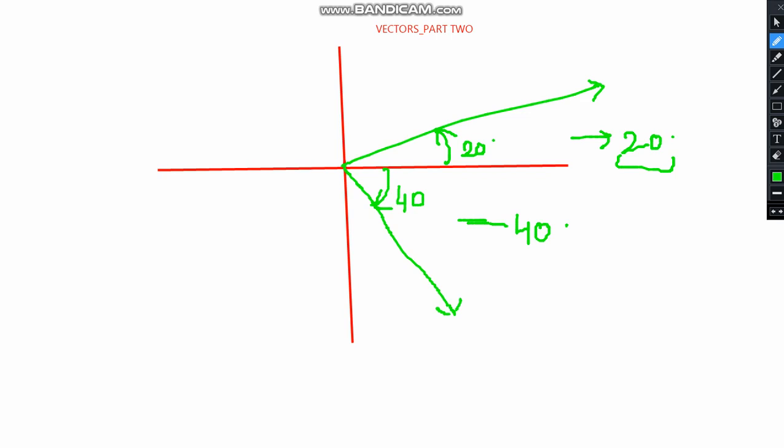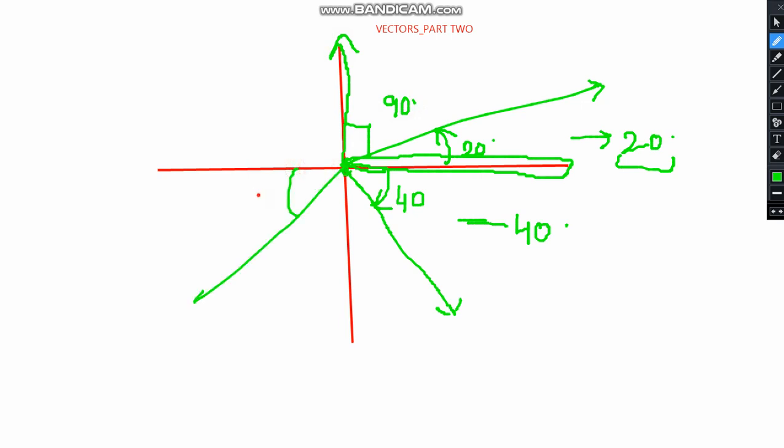Take the origin and the x-axis; from this line we calculate all vectors. For example, this is the 90-degree vector. What about this vector? Maybe this is 30 degrees.